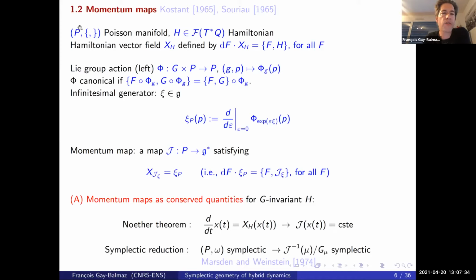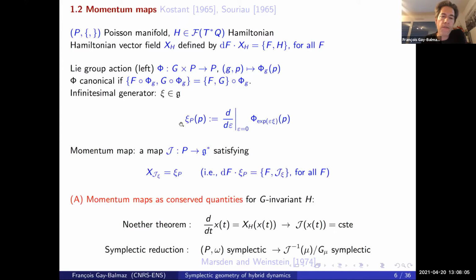If you have a Poisson manifold with some Hamiltonian H, you can define the Hamiltonian vector field, which is the vector field such that the derivative of any function along it is the Poisson bracket of this function and the Hamiltonian. In addition to this, you also need a group action acting on P, the phase space of the classical mechanical system, and you assume that this action preserves the Poisson bracket.